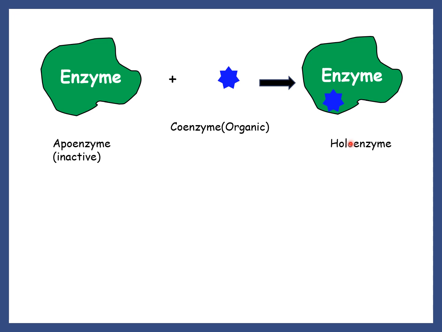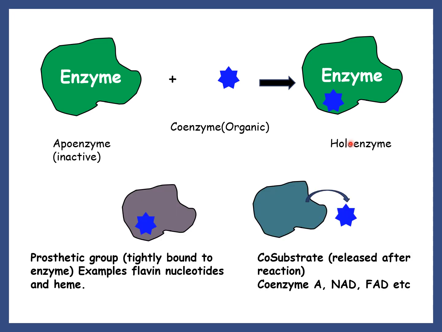Holoenzymes with organic coenzymes have two different forms. Some of the holoenzymes have an organic component, the coenzyme, which is called a prosthetic group because it remains tightly bound to the enzyme. So it remains bound to the enzyme, and even at the end of the reaction, the coenzyme would not leave the enzyme.